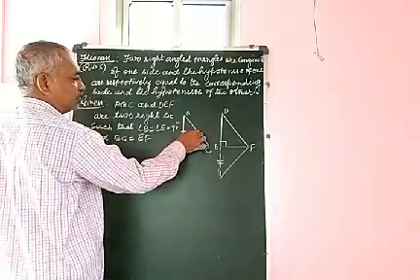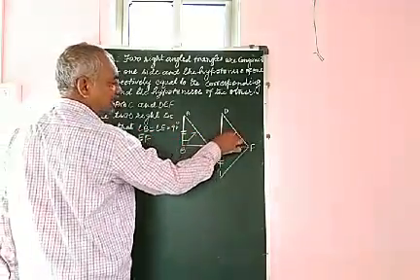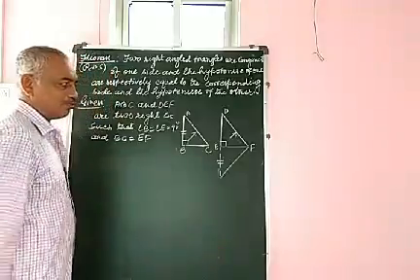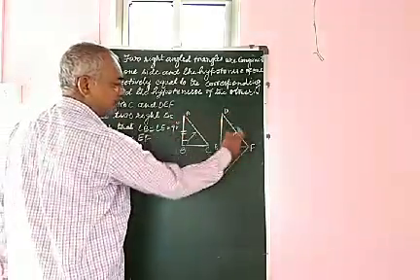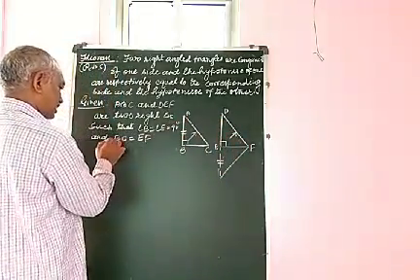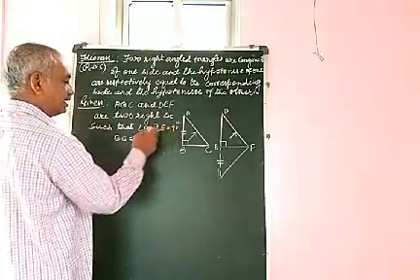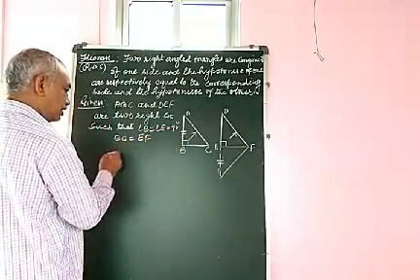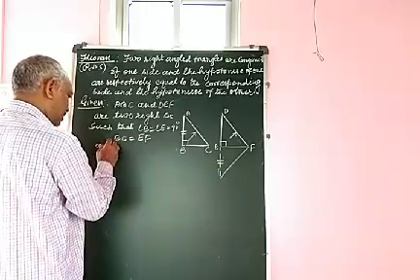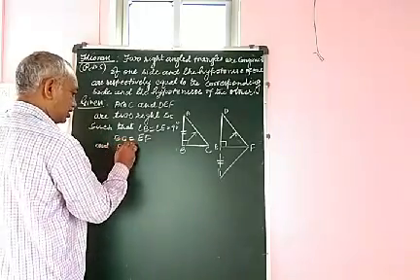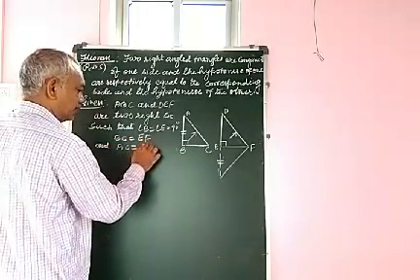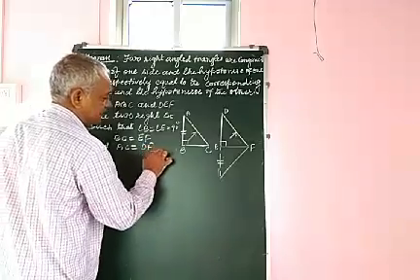The side opposite to the right angle is known as the hypotenuse. So AC and DF are hypotenuses, and AC is equal to DF. This is given.